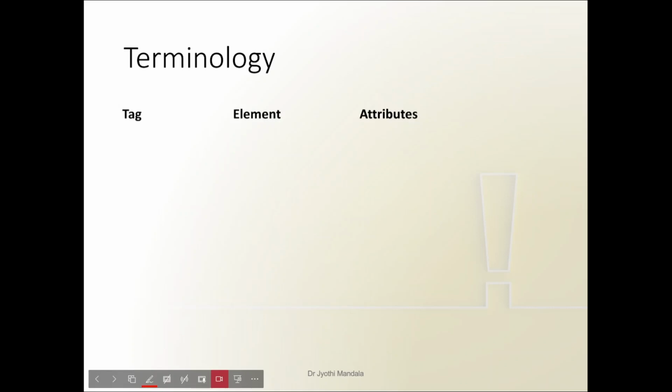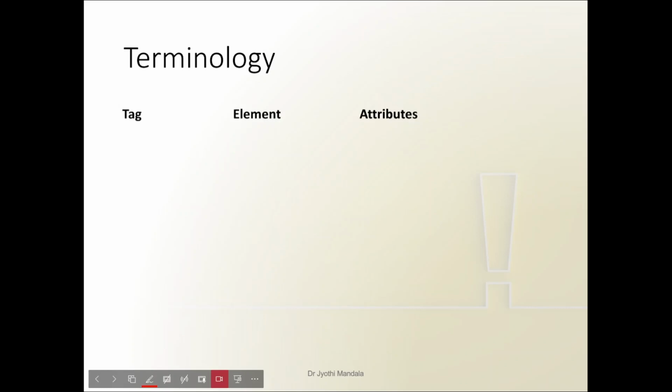Whenever you are assigning a value to a name, you use the equal to symbol. One simple example: the h1 tag has an attribute called id, and the value I am giving is first. This is called the element and this is the closing tag.